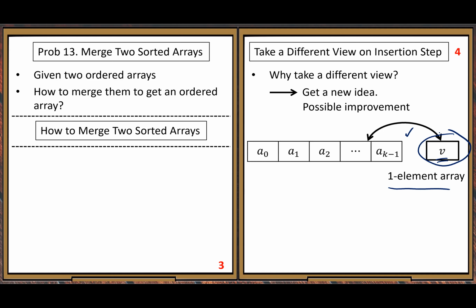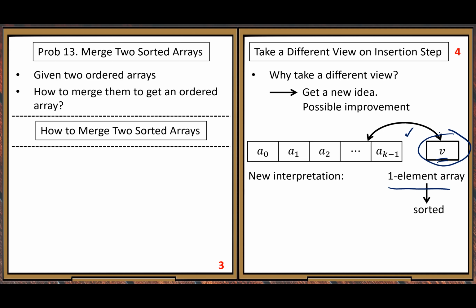That's the relationship between these two operations. Or we can say our insertion operation is just a special case of the merge operation.